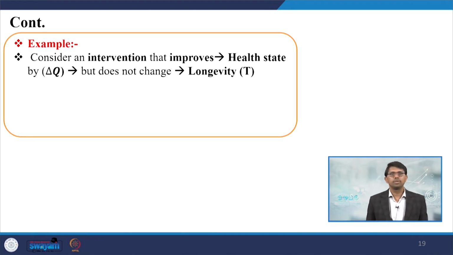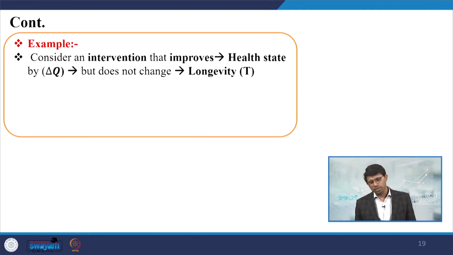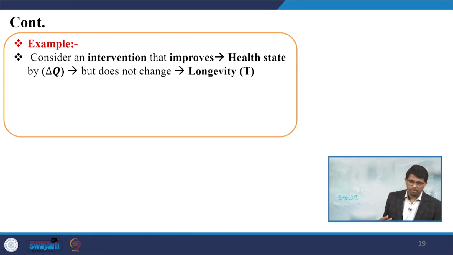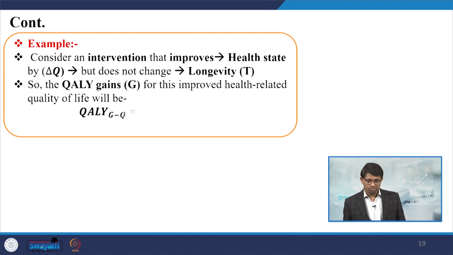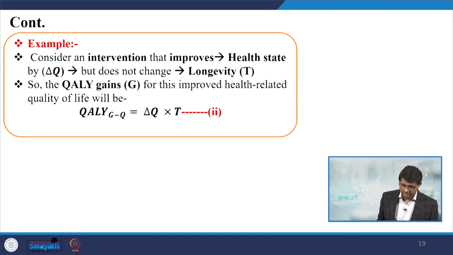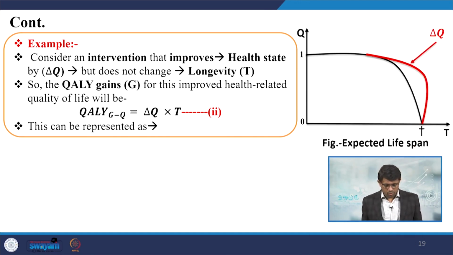Let us consider an intervention that improves the health state presented here in the diagram. Is it possible to improve it? Yes, of course, it is possible with an intervention, either through quality of life, that is Q, or through longevity, that is T. If we change Q, the change is precisely G minus Q, presented as the change or improvement in the QALY.